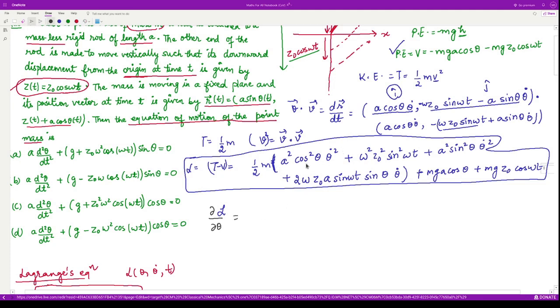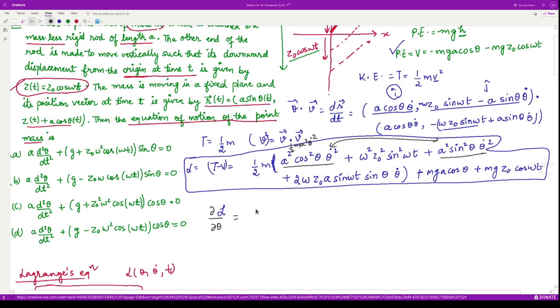Before that, if you see these two terms, you have a square theta dot square. So they would combine and they would become simply a square theta dot square into half m, because cos square theta and sin square theta, they would add up to give you 1. So now we can take its derivative with respect to theta.